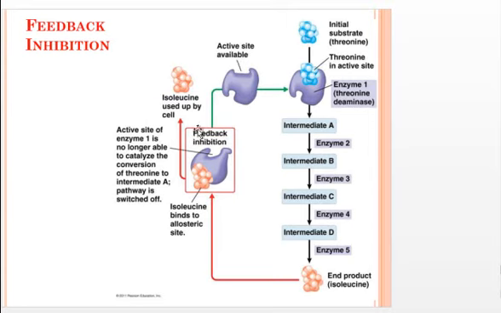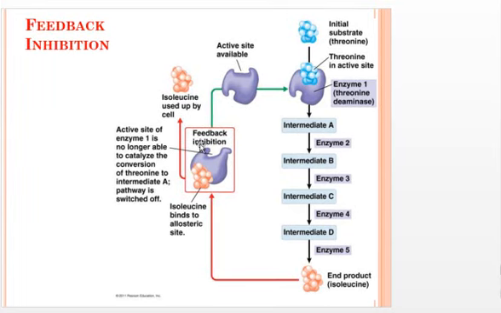Okay, so let's take a look at this. Here the active site of enzyme 1 is no longer able to catalyze the conversion of threonine to its pathway. Don't worry about all these details, but understand really how it works. In this case, we've got isoleucine. If you don't remember what isoleucine is, look it up.